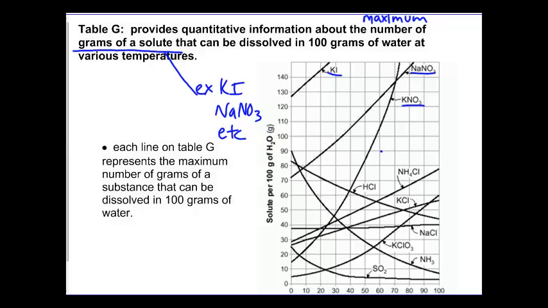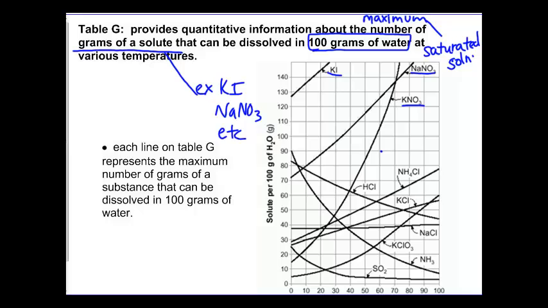number of grams of each solute that we can dissolve in 100 grams of water, because obviously the more water you have, the more you can dissolve, at a bunch of different temperatures. So it really tells us how much we need of each salt to make a saturated solution. Remember, the maximum number of grams is what we need to make a saturated solution.